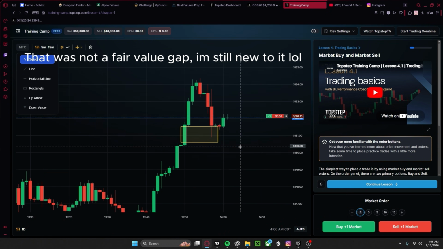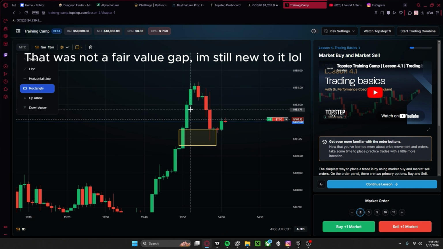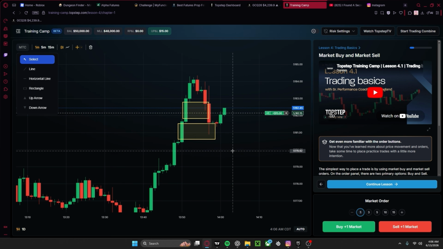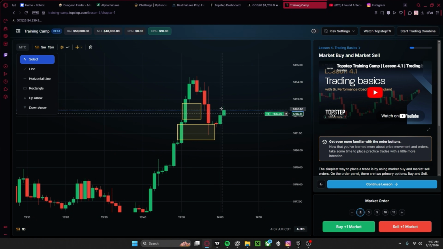Okay, we got that right there. We have an old fair value gap right here. No fair value gaps right here. Actually, we have one. Make that smaller. We have one fair value gap, but it already retouched right there.